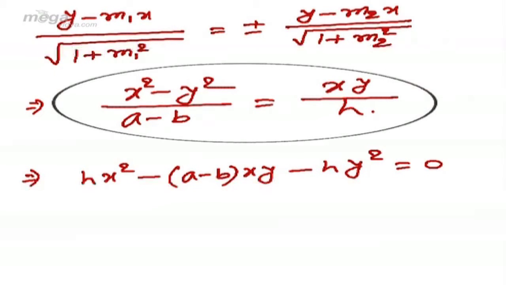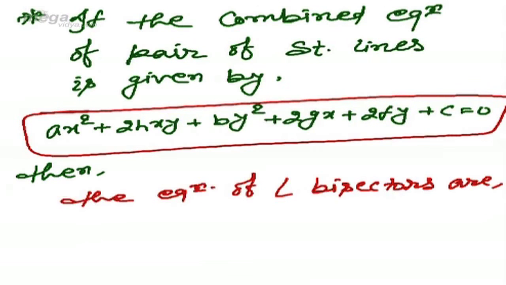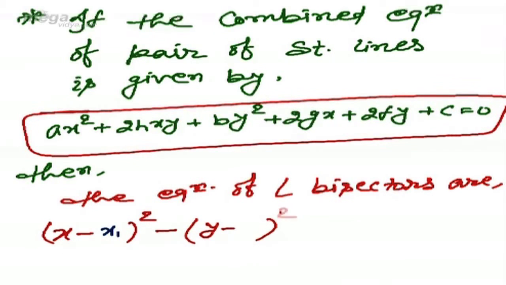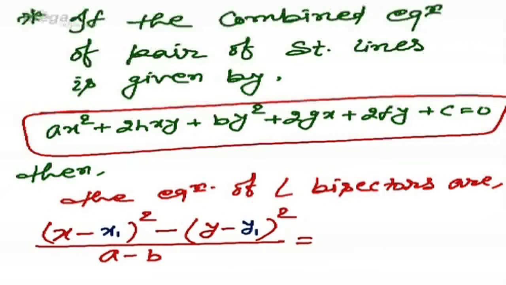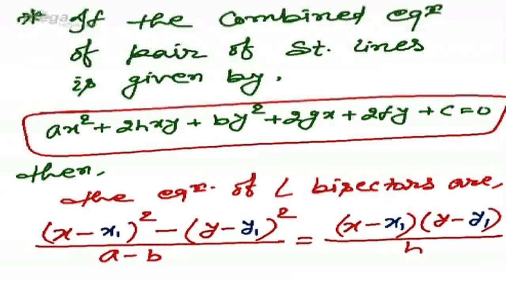It will be (x minus x1) whole square minus (y minus y1) whole square upon a minus b is equal to (x minus x1) into (y minus y1) upon h, where x1, y1 is the point of intersection of the pair of straight lines.